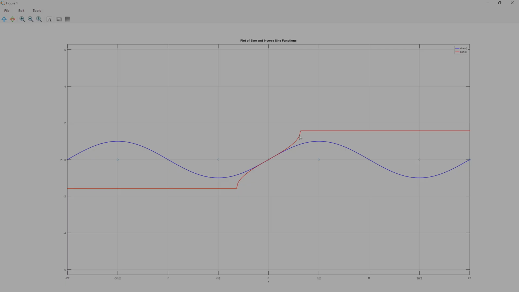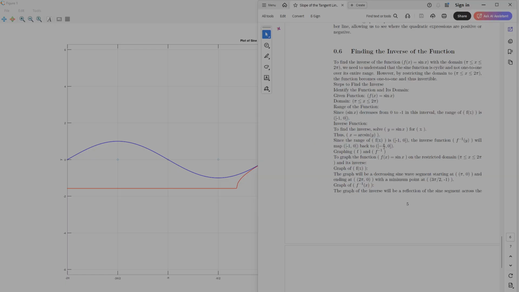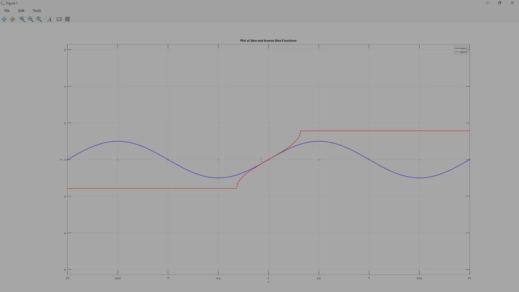This is your arc sine. It goes like this when you plot it.